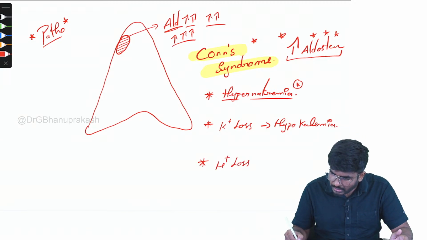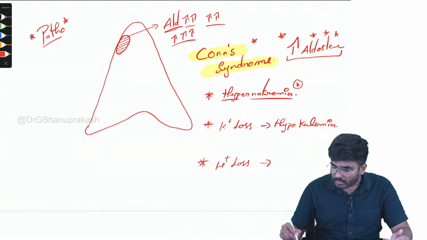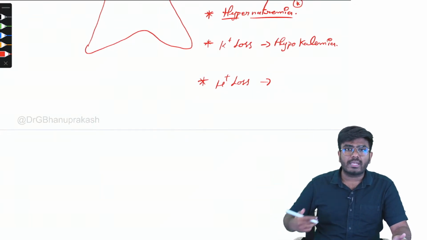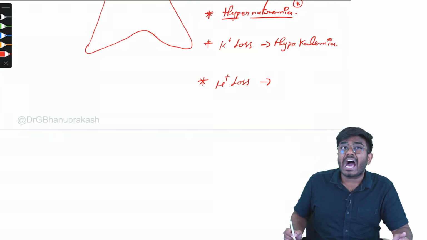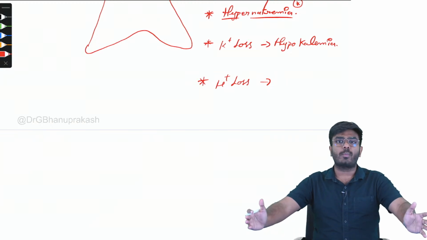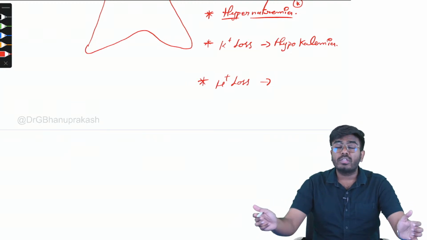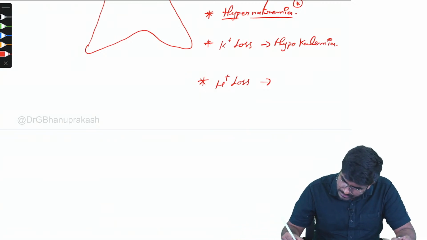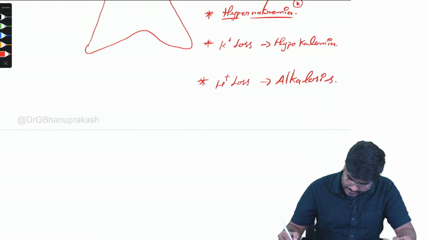And even protons are being lost out of the body. Protons are acids. You are losing the acids out of the body. So you will suffer with acidosis or alkalosis? He will suffer with alkalosis.